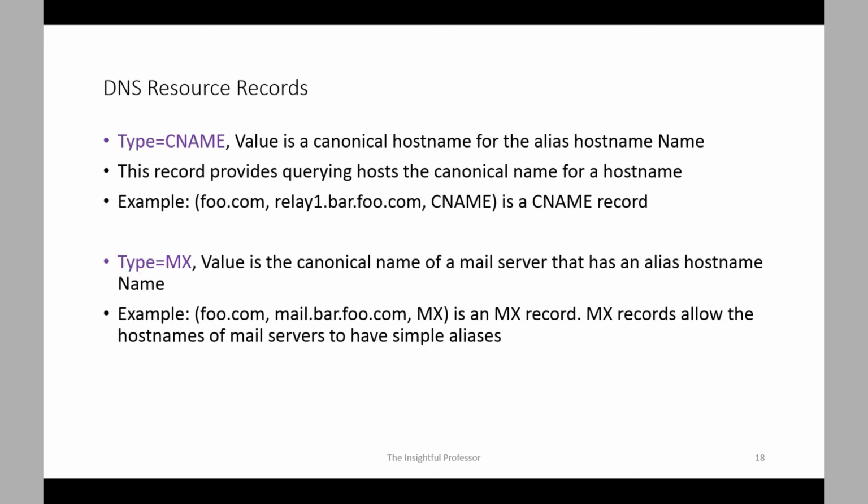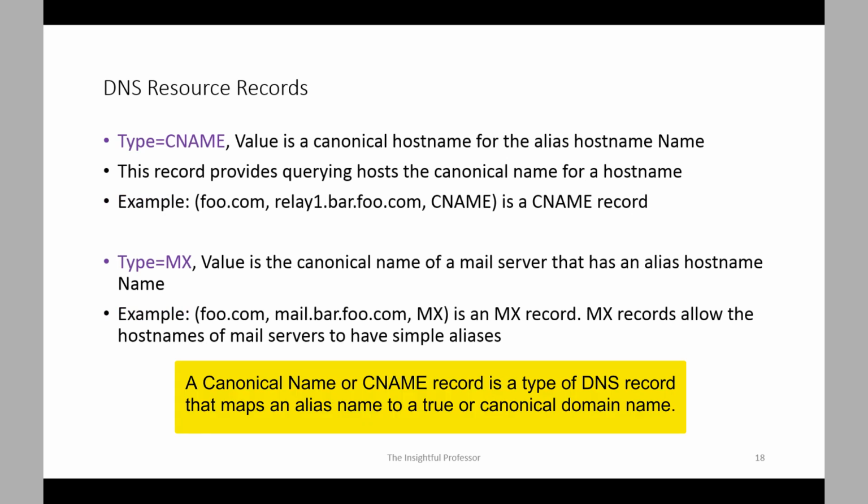When type is equal to CNAME, value is a canonical host name for the alias host name. When type is equal to MX, value is the canonical name of a mail server that has an alias host name of name. Sometimes the actual name of a host might be difficult for people to remember. This actual name is called the canonical name. An alias host name that is easier for people to remember can be associated with the canonical name.